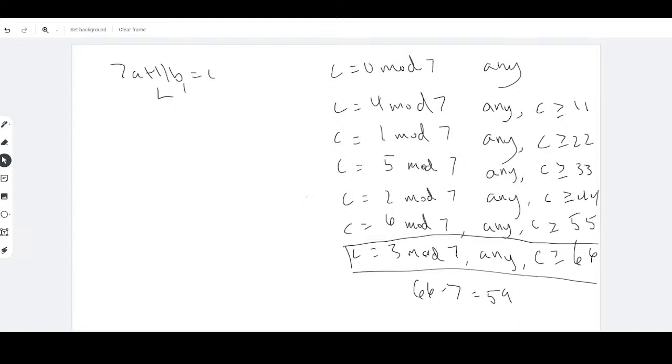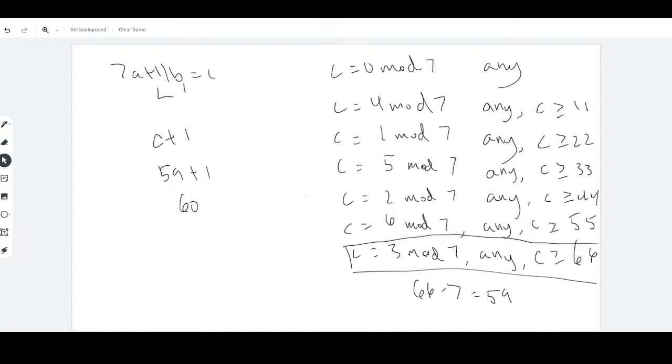And remember, C was not our actual set of numbers. Our actual set of numbers is C plus 1 because we removed the plus 1 before. So if we move all of this up by 1, the largest number that we do not have a solution for is 59 plus 1, or 60.